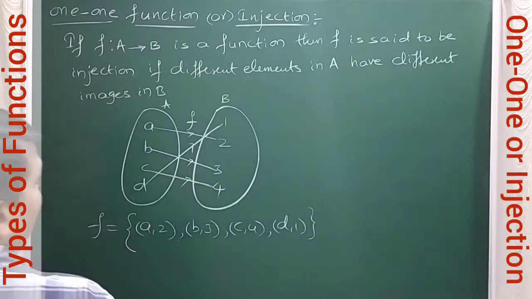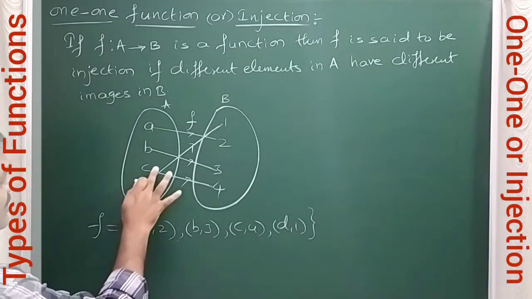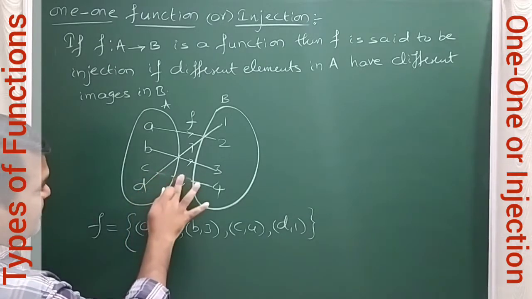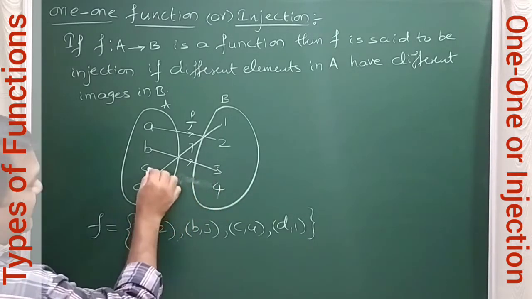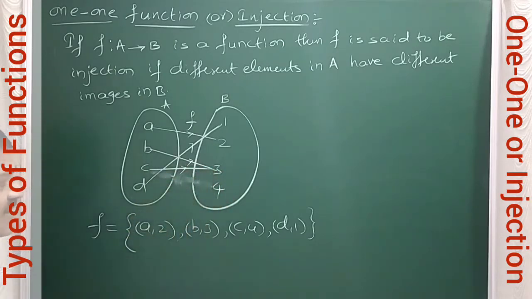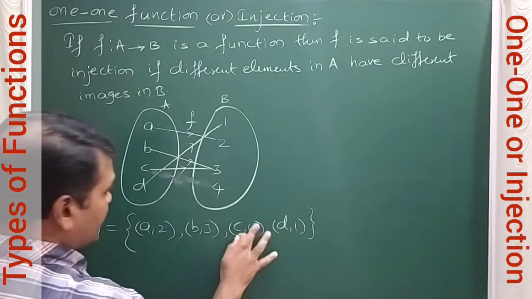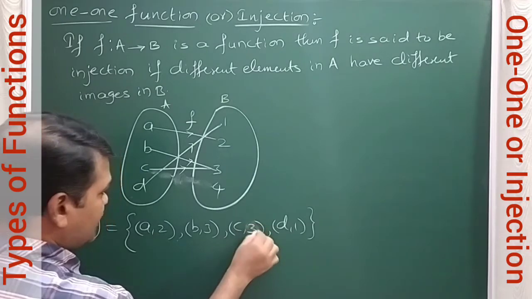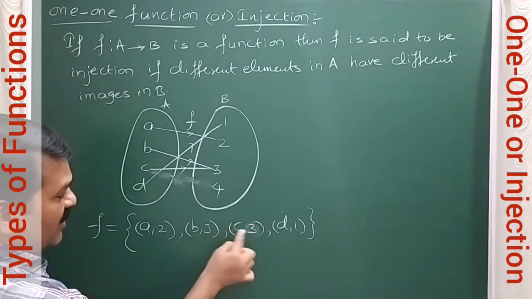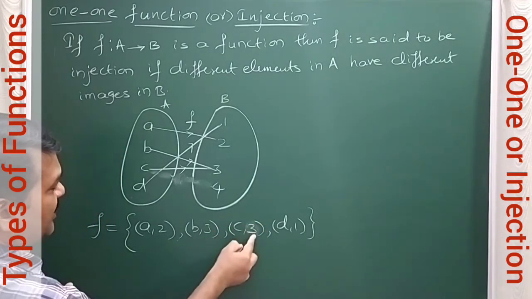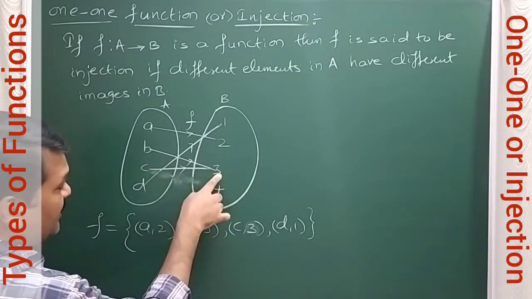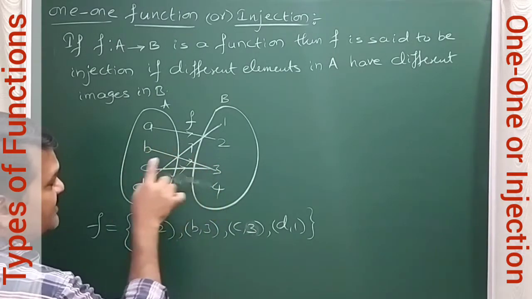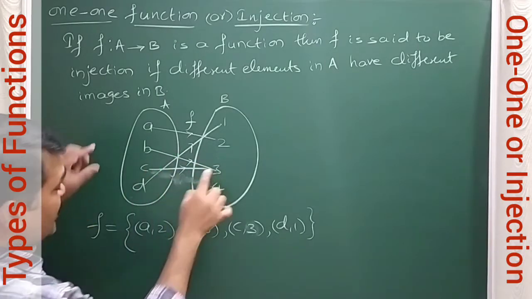For example, if I change this mapping, C was mapped to 4, let me change it so that C is mapped to 3. See, the second coordinate is repeating. What is the meaning of that? B is mapped to 3, C is mapped to 3, which means both B and C have the same image.